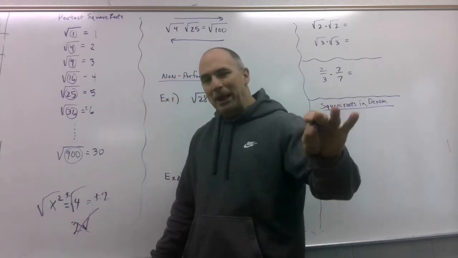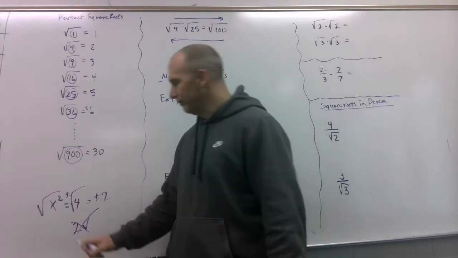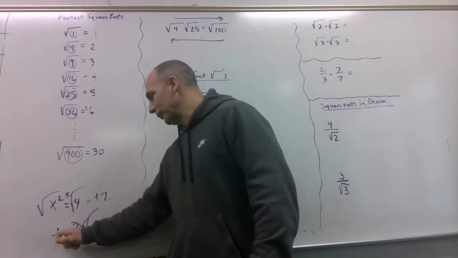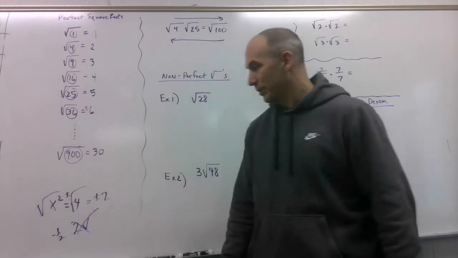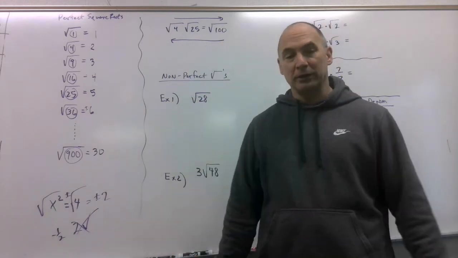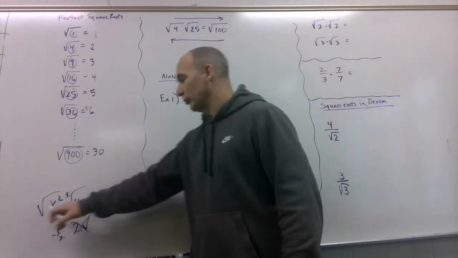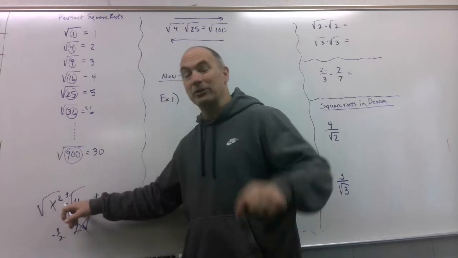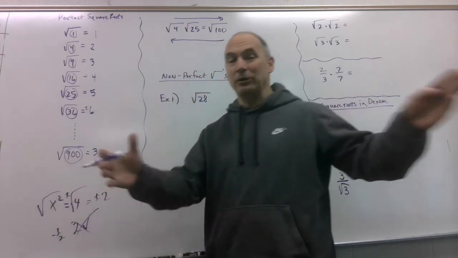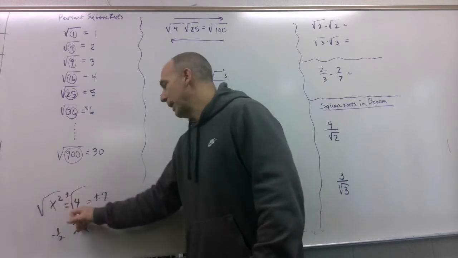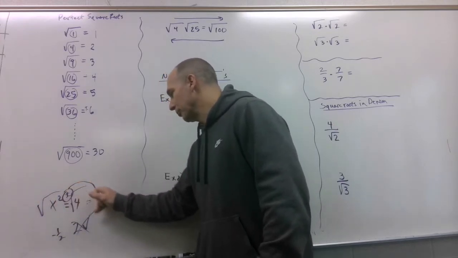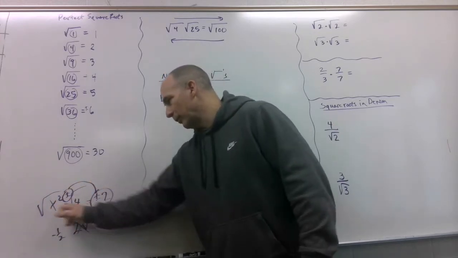If someone's in a semi-bad mood, or if they're just doing the right thing, they're going to give you half off, because you only found half of what is true. Plus or minus 2. So remember, if it's written like this and it says find all the solutions, it's asking you to find all the solutions. So bada boom, bada bang, do the right thing helps you remember that there are 2 answers for problems like this.